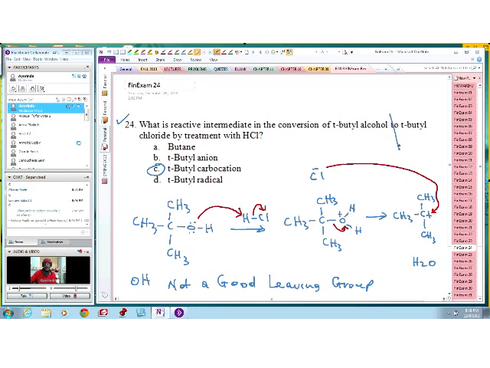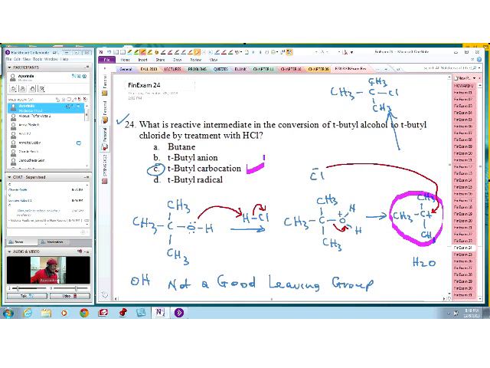So this is a case of an SN1 reaction. It is a substitution reaction, but in this case, we are going through the formation of a carbocation. Anyway, the answer to this is the tertiary carbocation, which is the tertiary butyl carbocation. That is the question they want us to answer here, and this is the right answer.